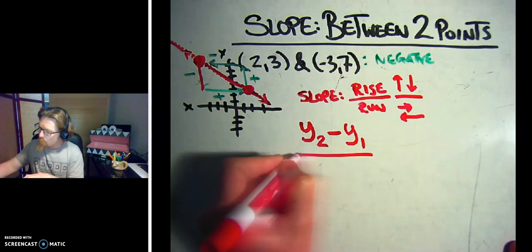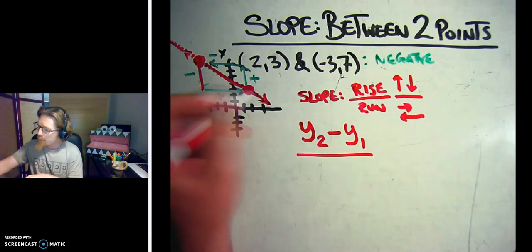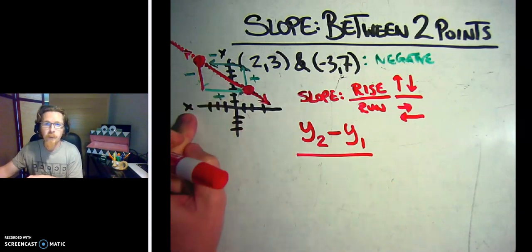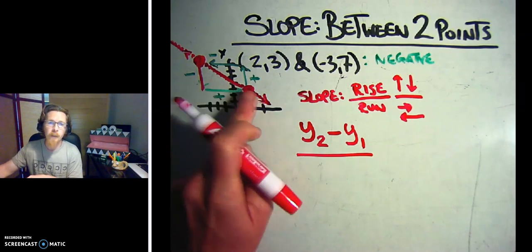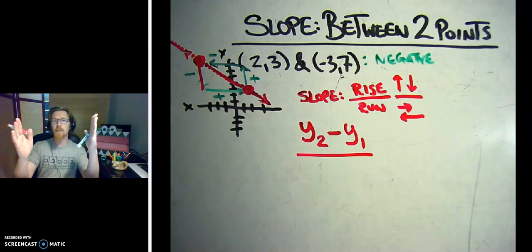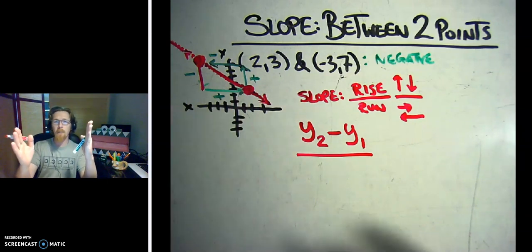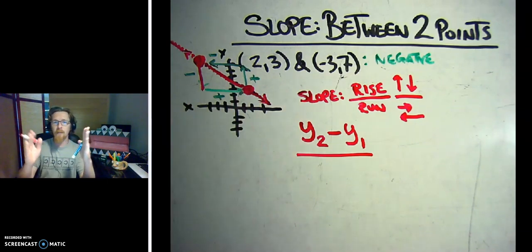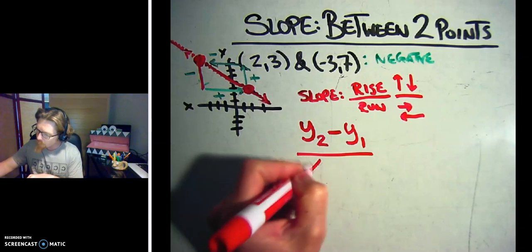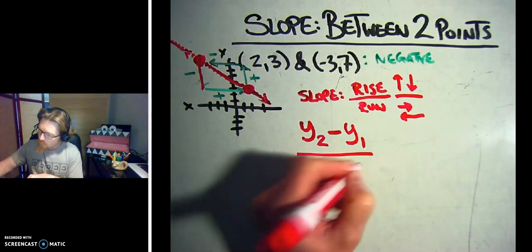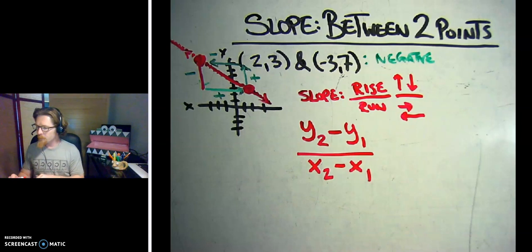Now, to figure out the left and right movement, that's referring to the x values. And to figure out how far you go from here to here, we can take those distances and subtract them, and that'll tell us how much space is in between. Now, just like we did with the y's, we have two distinct x's, and so I'm going to reference one as an x2 and the other as an x1.